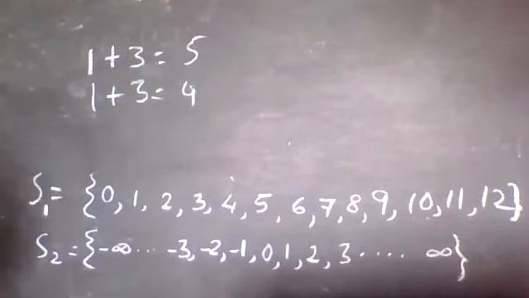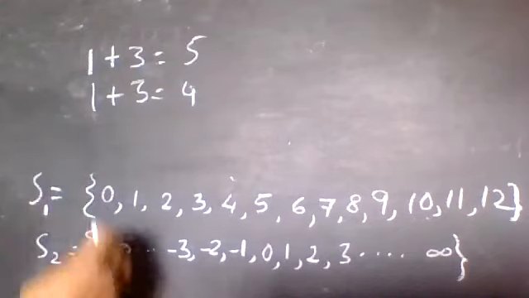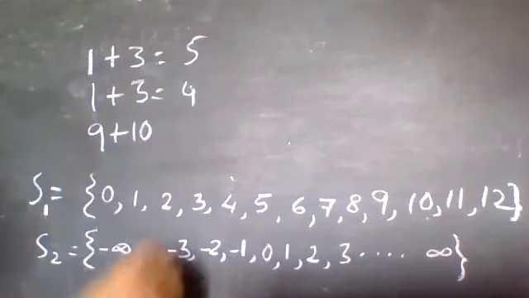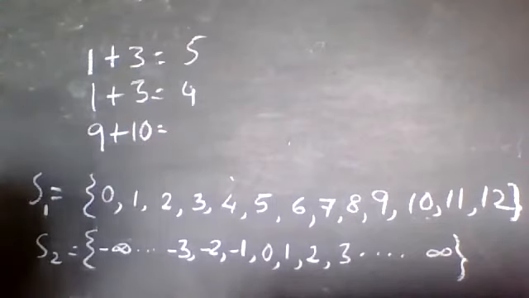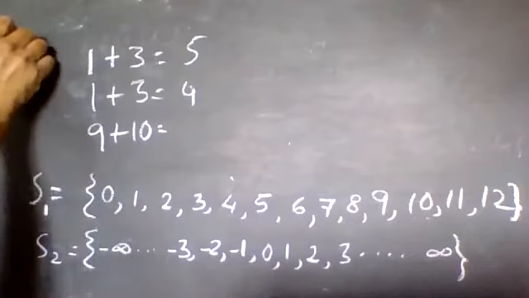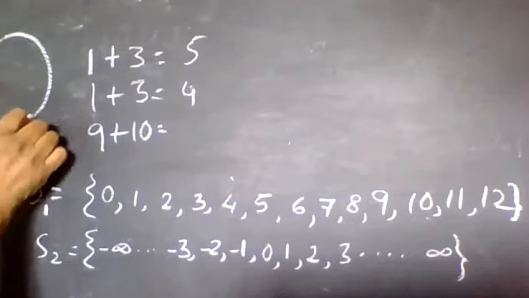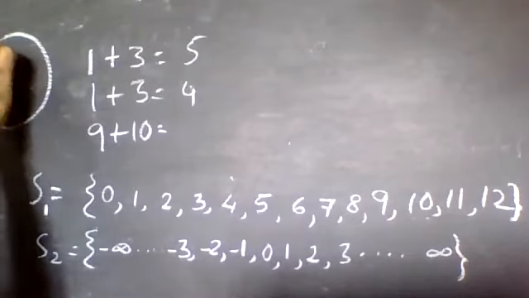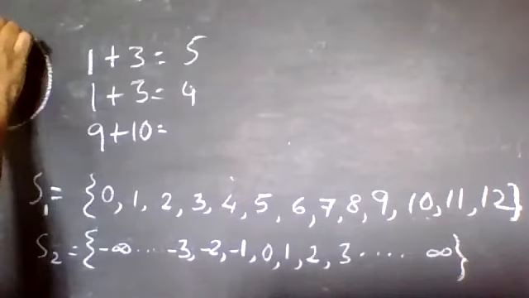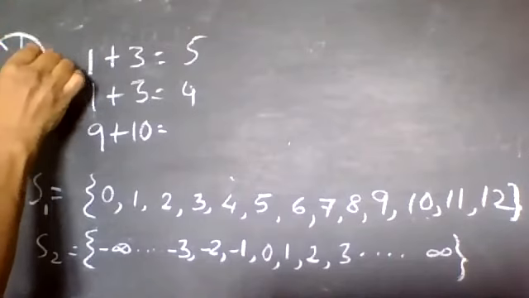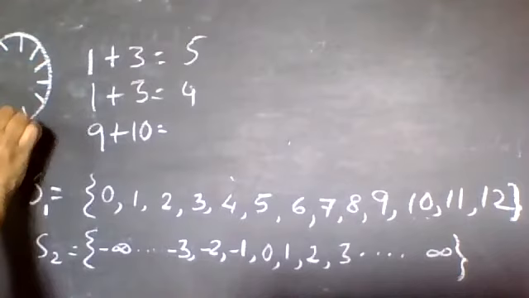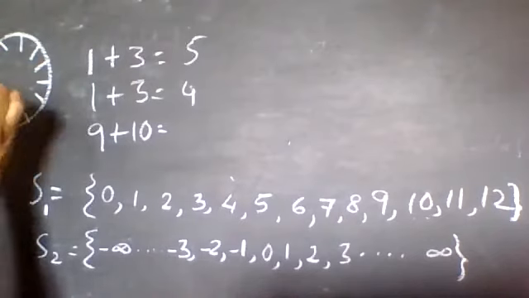But not always. Say I am adding 9 plus 10. It cannot be 19 because I do not have that number. Well, if you go back to the clock, this is your 9 position, this is your 10 position, 11, 12, 1, 2, 3, 4, 5, 6, 7, 8.